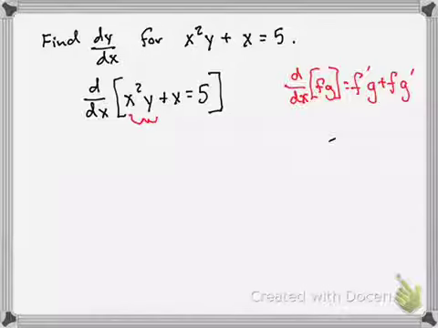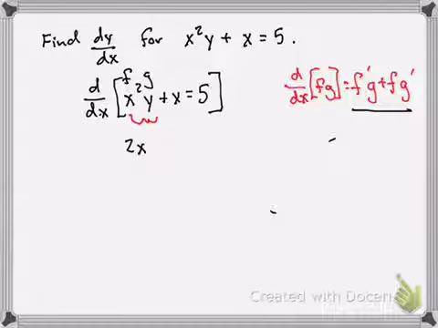So as I take the derivative, we're really just substituting x squared as my f and y is my g. And so if I look at the product rule, I have the derivative f prime first, and that would be the derivative of x squared, which is just 2x. And note it's a derivative with respect to x, which is why I get a 2x.